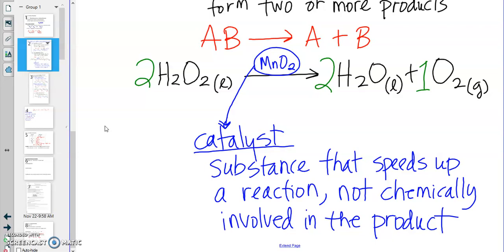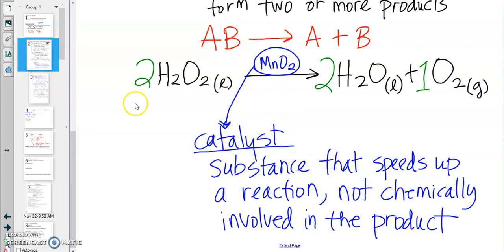Because we can't see the H2O2 breaking down, but once we add this MnO2, you can immediately see a process where it breaks down. Once that reaction ends though, I'm still going to have that 2 grams of MnO2 that I had before. Nothing changed with it. It just sped up the process, and in the end, I still have what I just put in.